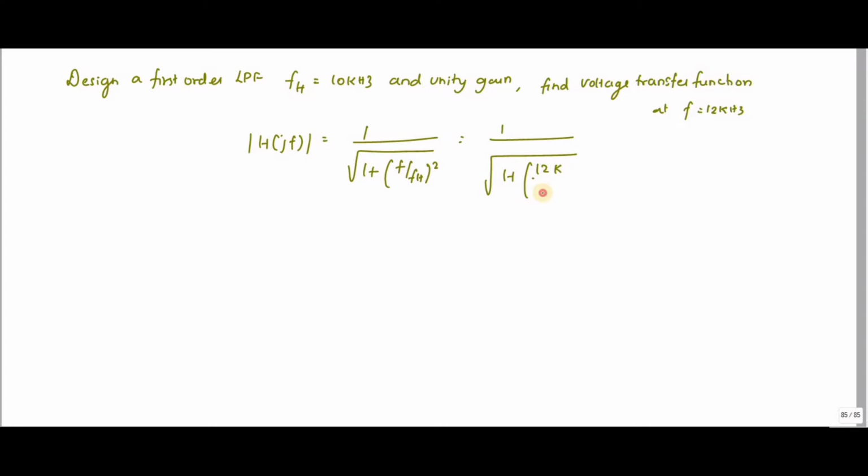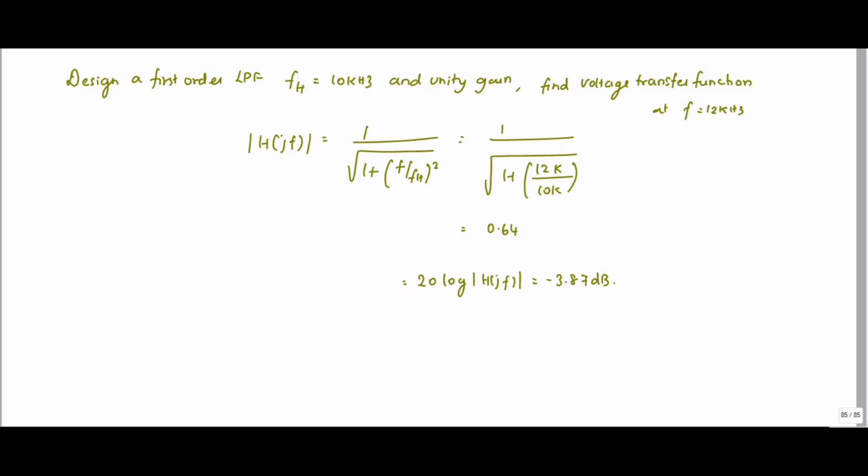This is 12k and this is 10k. So if we solve, we will get H of jf is equal to 0.64. So usually we will take it in dB. So 20 log of H of jf is nothing but minus 3.87 dB.